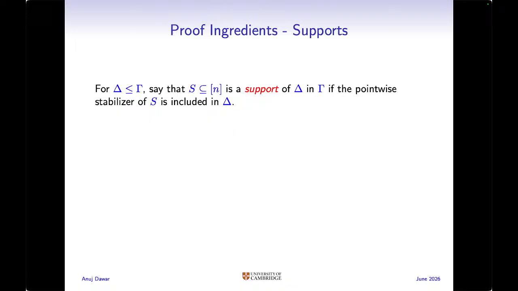Okay? So the pointwise stabilizer of S in gamma is included in delta. In particular, when gamma is the full symmetric group Sym(n), what this means is that delta contains all permutations of n outside of S. If a permutation fixes S pointwise, it is included in delta.